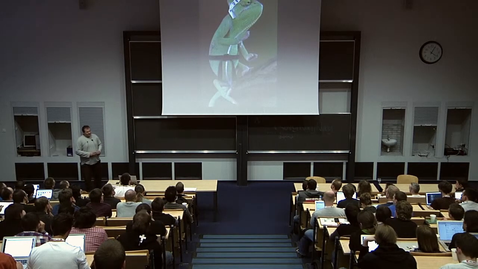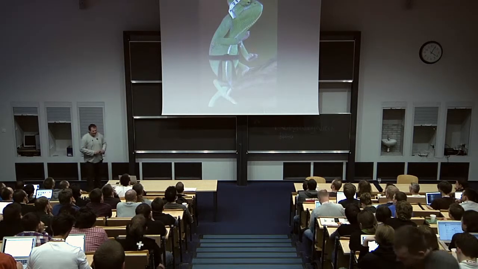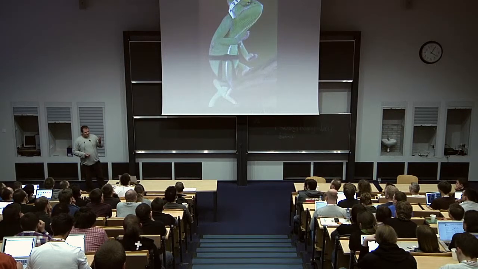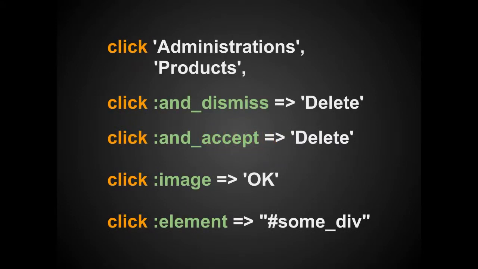Okay, so what can you do with Chameleon? There are really five methods that we have implemented. The first is click. It's a very sophisticated action that users do very often. And we use this click on. So it doesn't matter whether it's a link or a button.